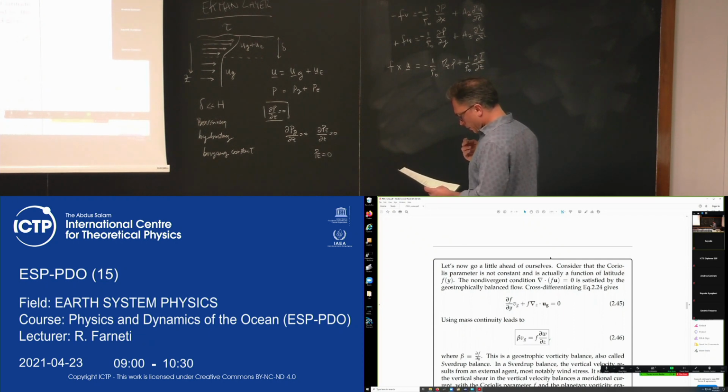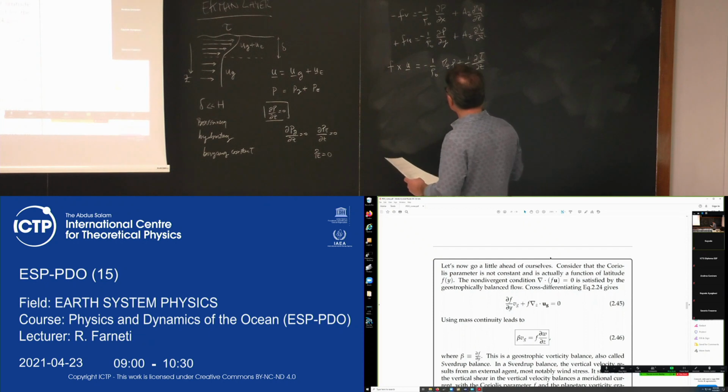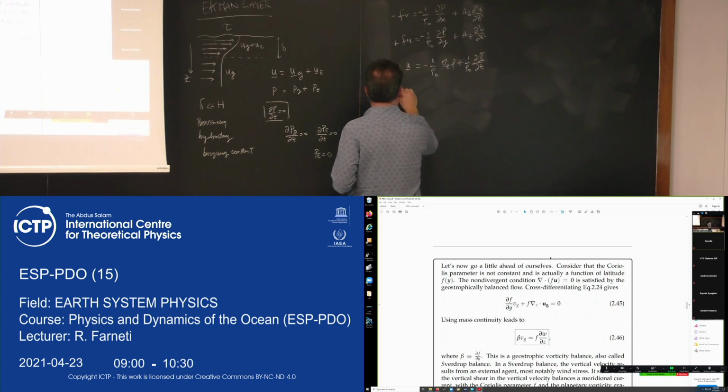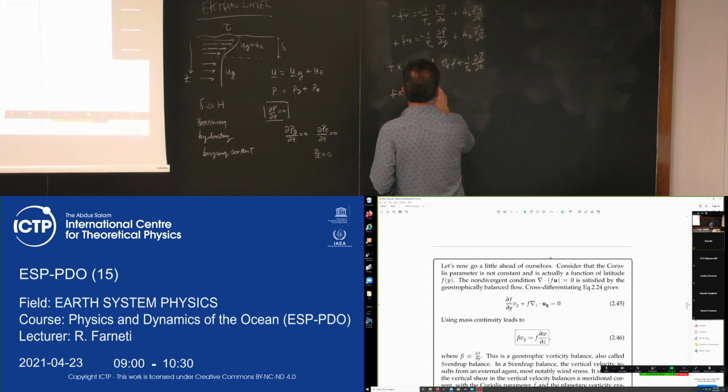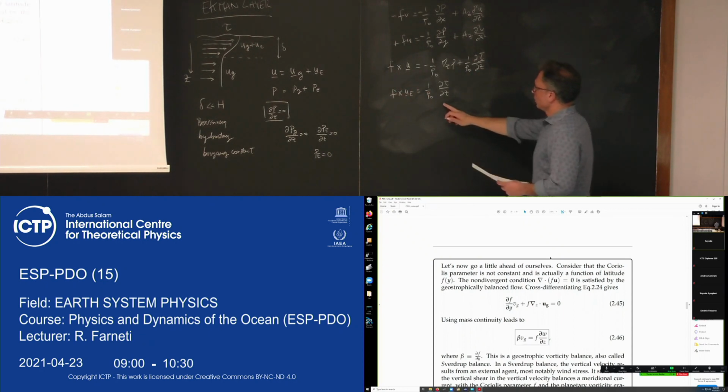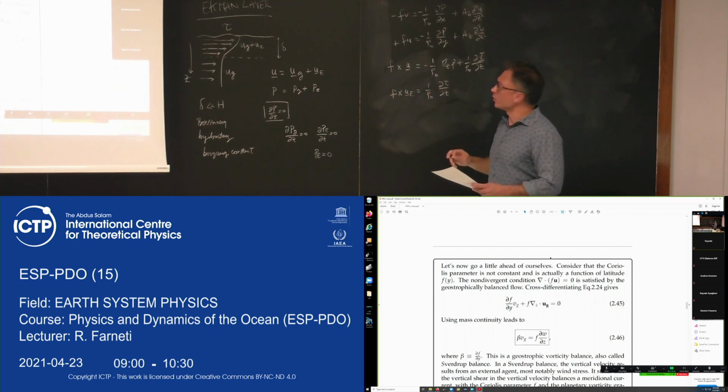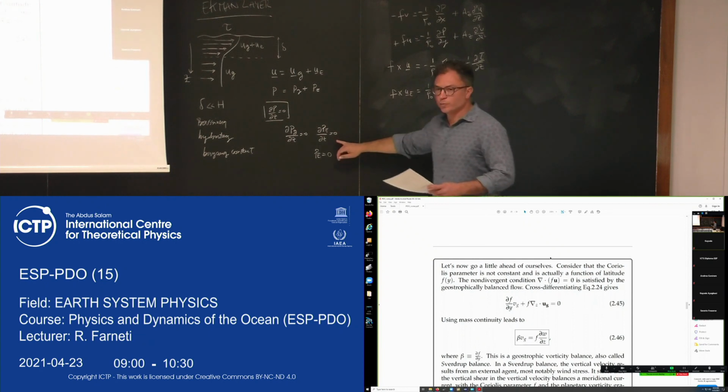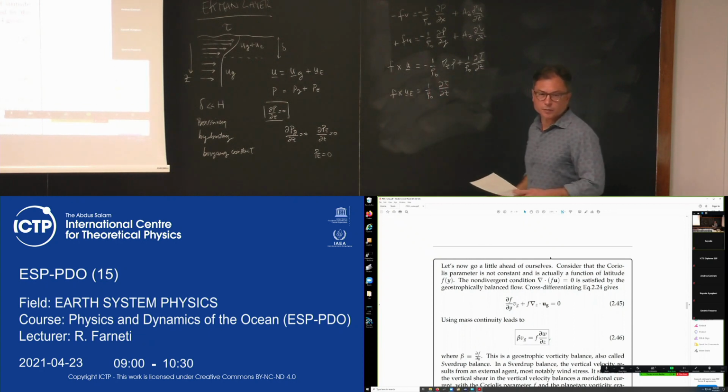In the boundary layer, we only have the Ekman component and the balance between frictional effects and Coriolis, because there's no boundary layer in pressure.